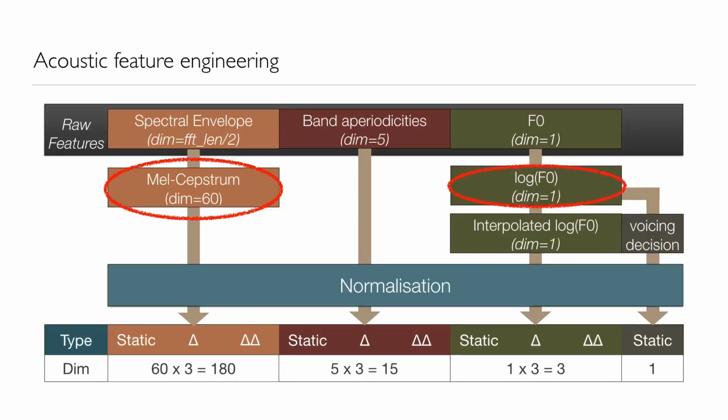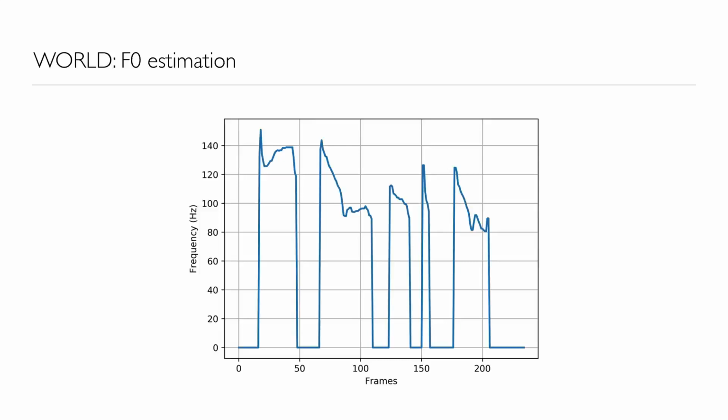In the case of the fundamental frequency, we do two things sequentially. First of all, we apply a logarithm to f0, and then we interpolate the f0. I'm going to show you why we do that. That is because the output of the DNN is Gaussian, so it's unimodal.